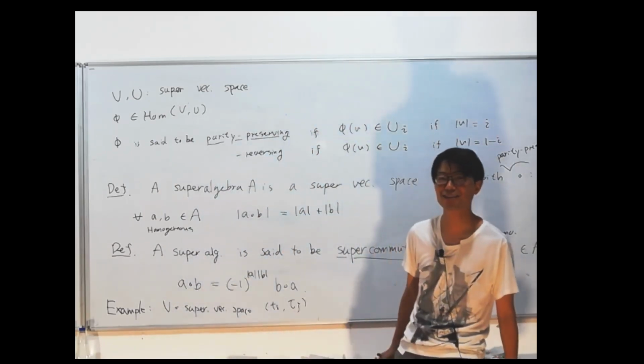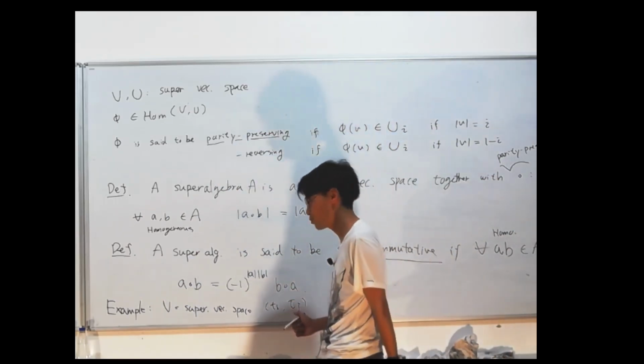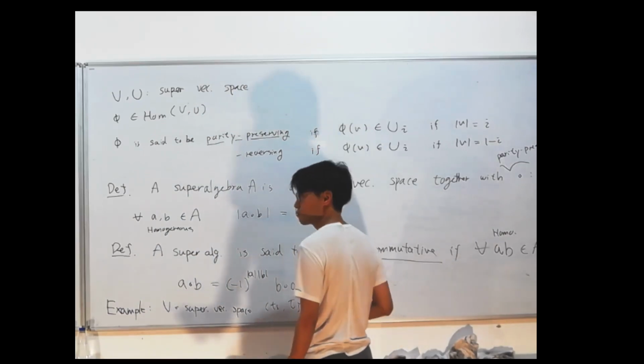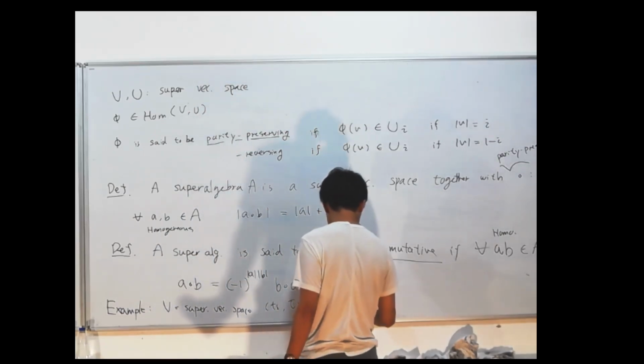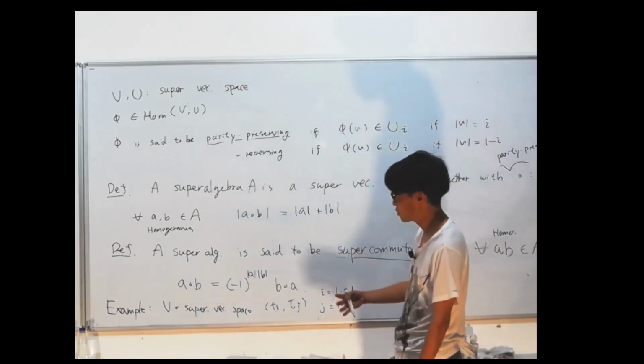In the lecture notes, T and tau are quite different, but on the board maybe not. Where i goes from 1 to D0 and j goes from 1 to D1.